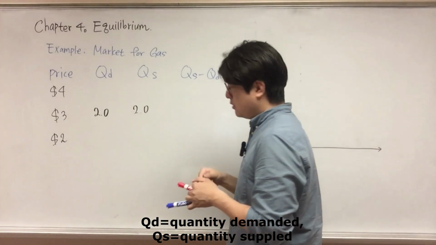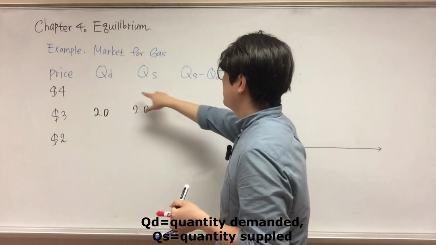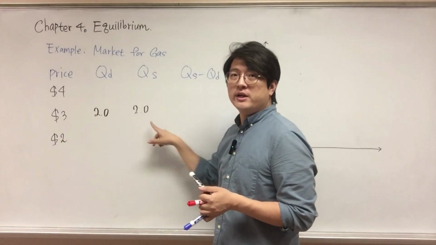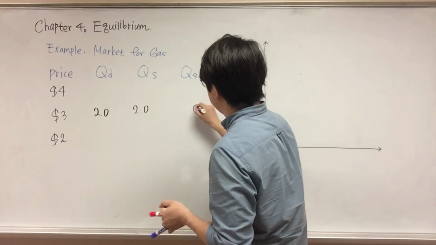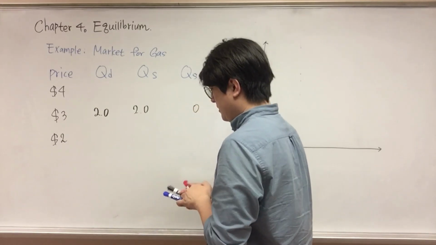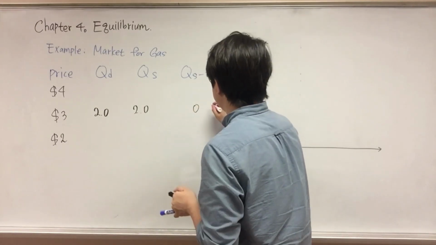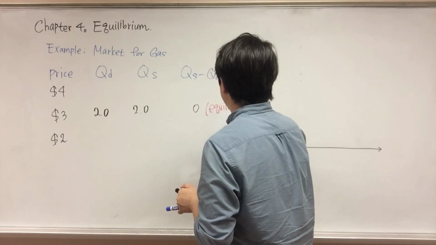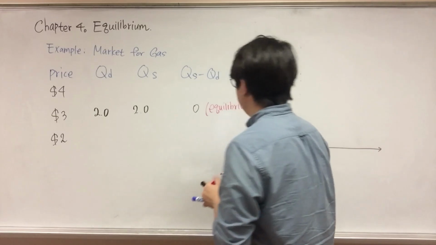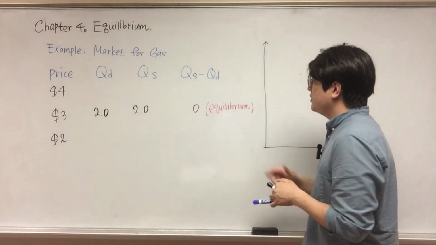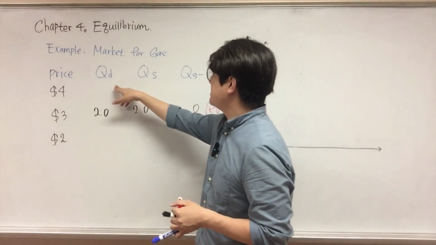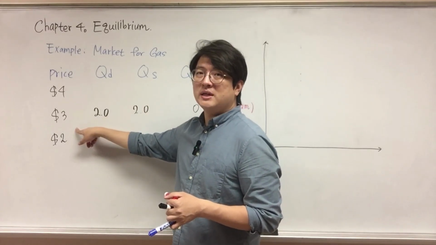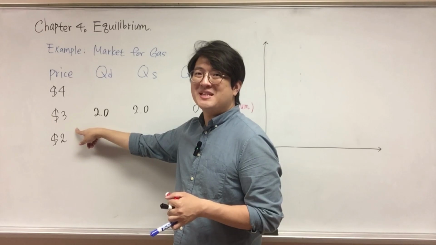What is the difference between quantity demanded and quantity supplied? 2 minus 2, right? So we have 0. In this case, it is an equilibrium point. As you know, at the equilibrium point, the quantity demanded is equal to the quantity supplied, right? And $3 will be the market price, which is P star.